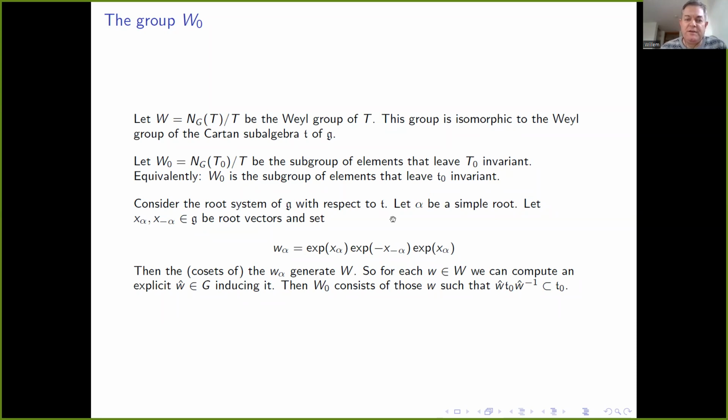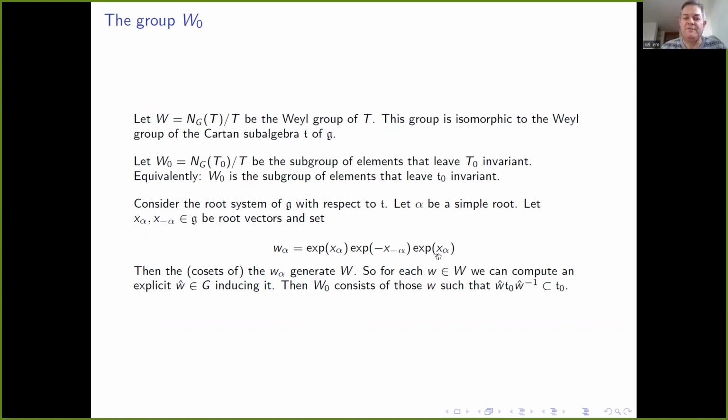Well, if you take the root system and you take a simple root alpha and you take x_alpha, x_minus_alpha root vectors. So recall this g is the Lie algebra of an algebraic group, and the algebraic group is a subgroup of GL_n(C). So the Lie algebra consists of n times n matrices, and these root vectors, they are nilpotent matrices, just associatively nilpotent, so to speak. And so we can take their exponentials.